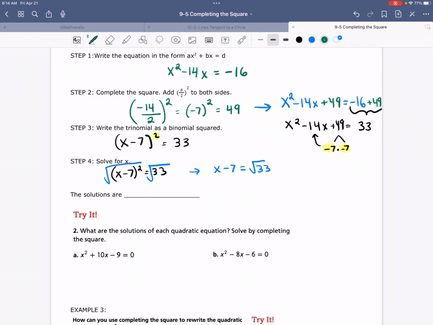The next thing I need to do is add 7 to both sides, and that becomes x equals the square root of 33 plus 7. So my solutions are the square root of 33 plus 7 and the negative square root of 33 plus 7.